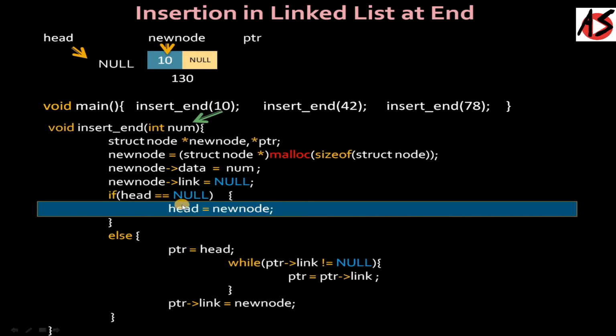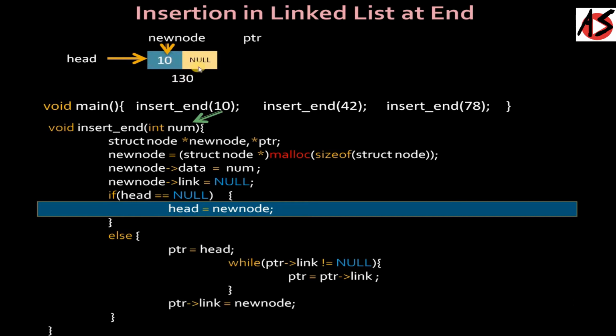That means from now on head is pointing to the same memory location that new node is pointing to. So head and new node are both pointing to the same memory location, that is 130. So this is the insertion of the first element in the linked list.